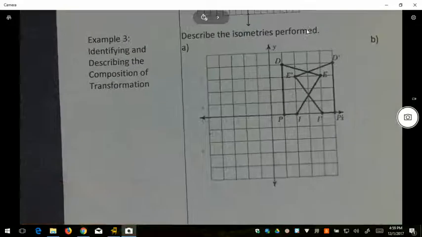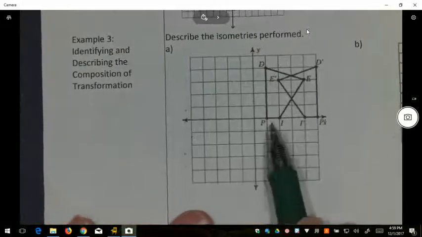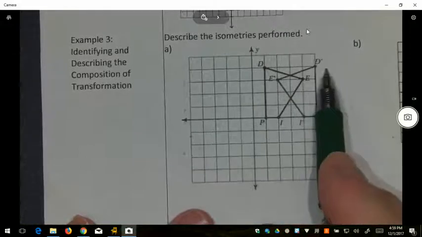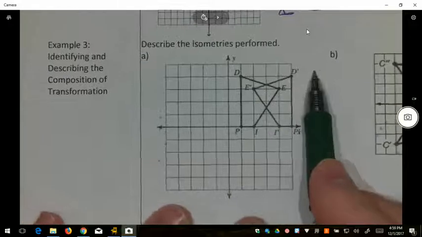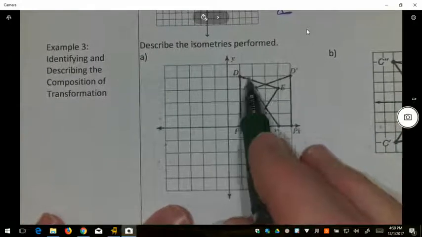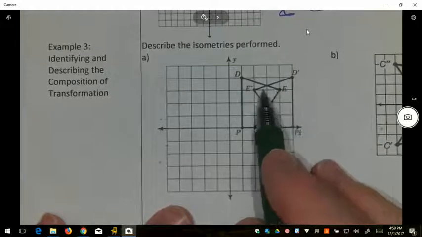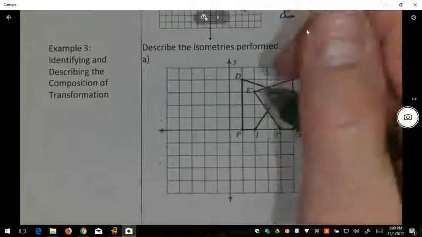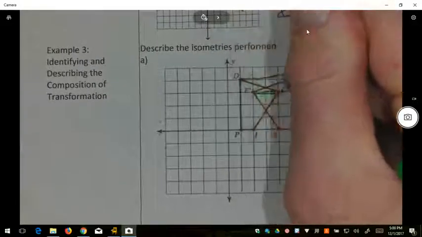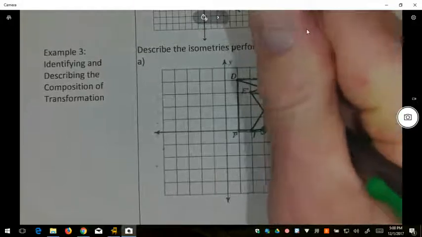Identifying and describing composition of transformation, or just transformation in general. We have D to D prime. Always make sure you focus on which one's the pre-image and which one's the image. Some people would say, oh, that shifted right 1, 2, 3, 4. But that doesn't work for E to E prime because that one would then go left too. So they're going in different directions. In fact, if you were to connect them, they would each have a common midpoint.